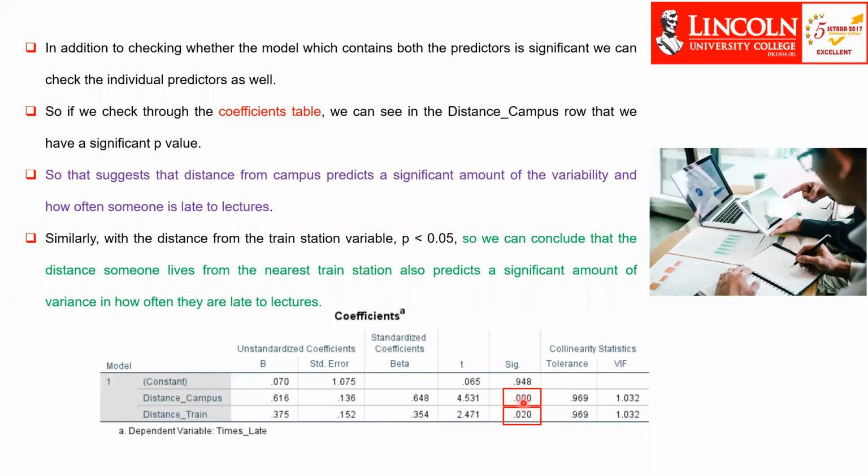That suggests that distance from campus predicts a significant amount of the variability in how often someone is late to lectures. Similarly, with distance from the train station, the p value here is less than 0.05. So we can conclude that the distance someone lives from the nearest train station also predicts a significant amount of variance in how often they are late to lectures.